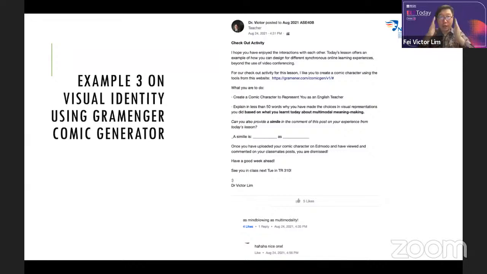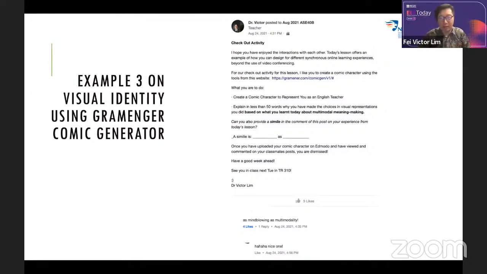In this particular checkout activity, we wanted them to think about how they could create a comic character using this free software, Gramagear, all right? And design a comic character to represent themselves as an English teacher. They had to make certain choices in the creation of their comic character and think about how these choices reflect their identity as a teacher.